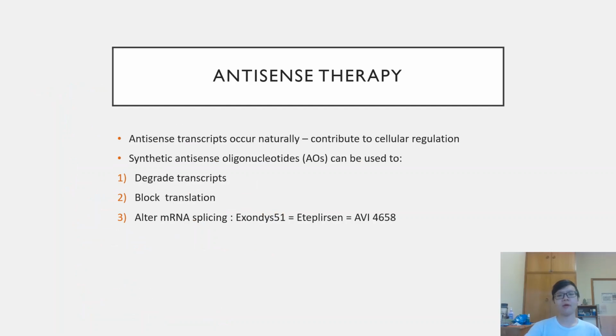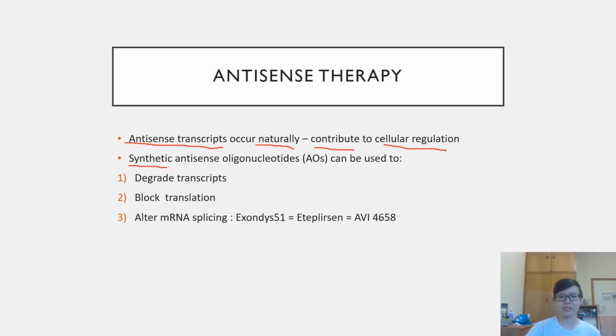Now, okay, we have reached the crux of this summary series. So, with the antisense therapies, these antisense transcripts actually occur naturally and they contribute to normal cell regulation. And what they've done is they've manufactured synthetic versions of this.